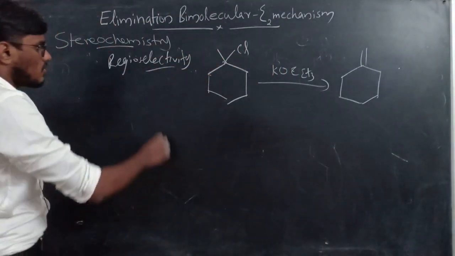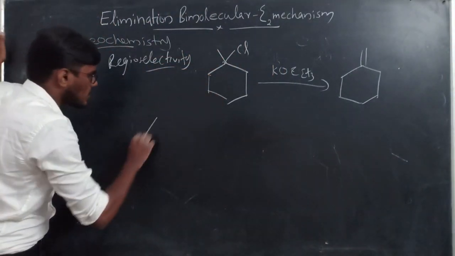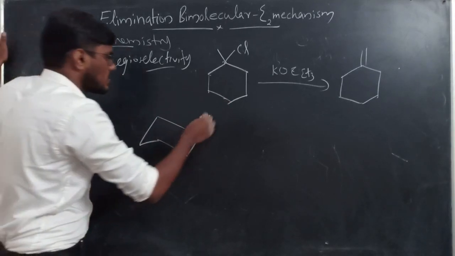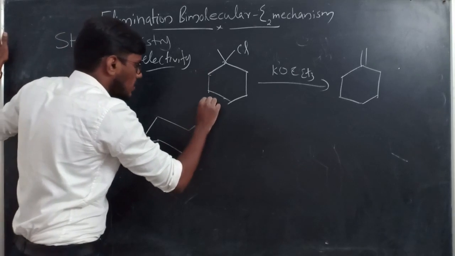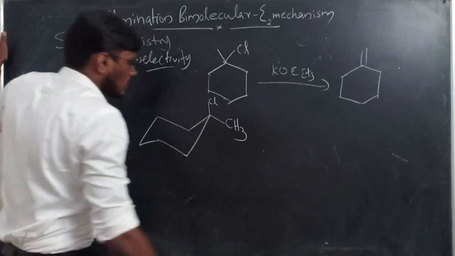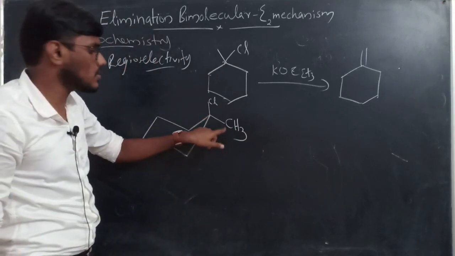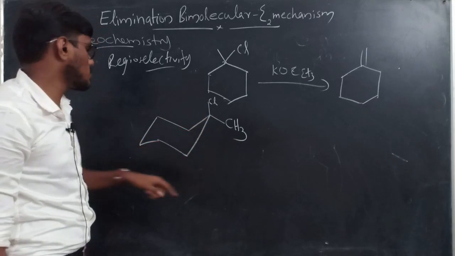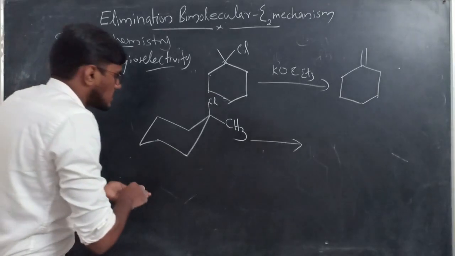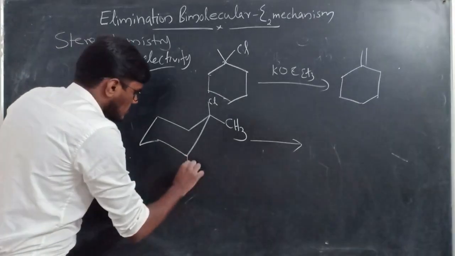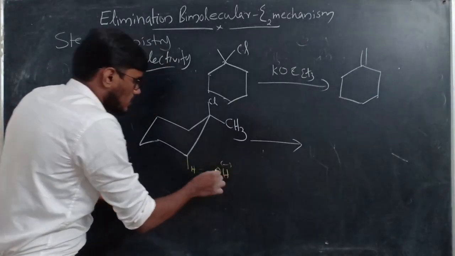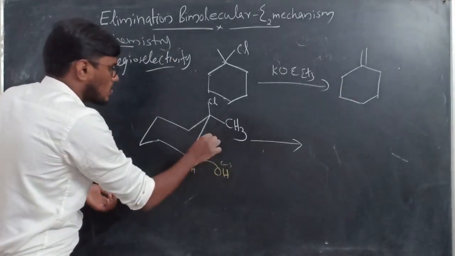The explanation of this observation is, this is a cyclohexyl ring, with one Cl and a CH3. Bulkier groups are always in the equatorial position, and when it is attacked by the E2 mechanism like this, OH minus attacks and this bond goes like this.